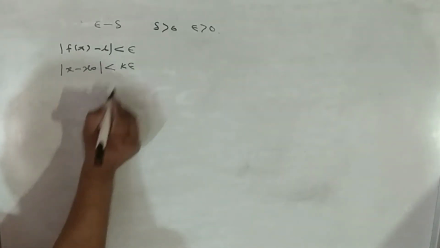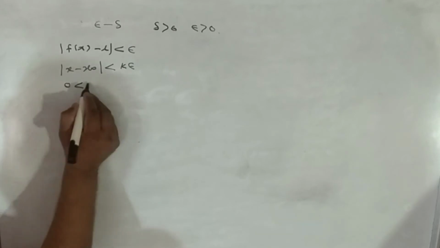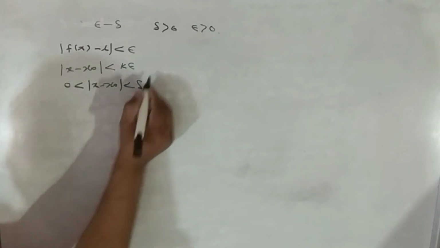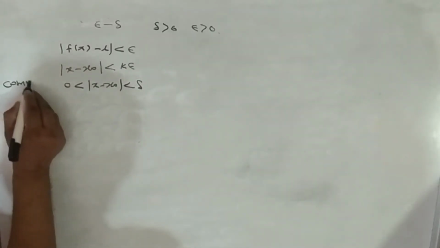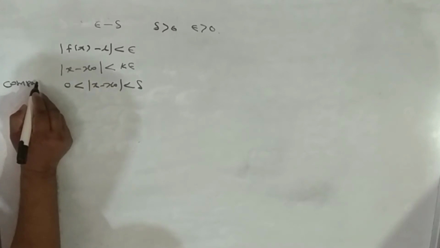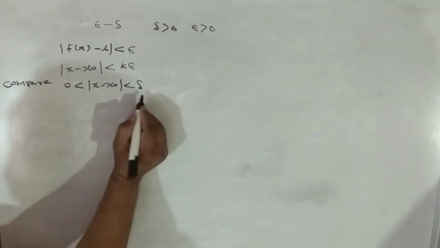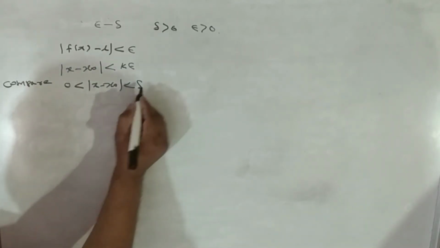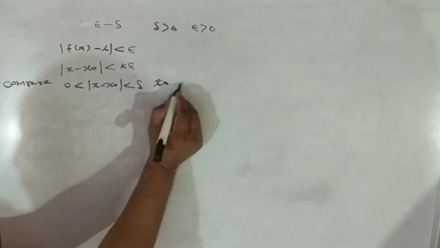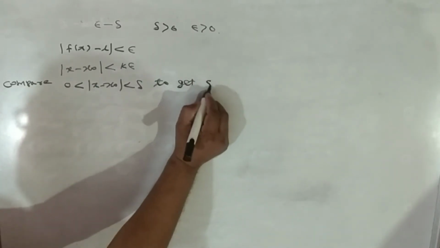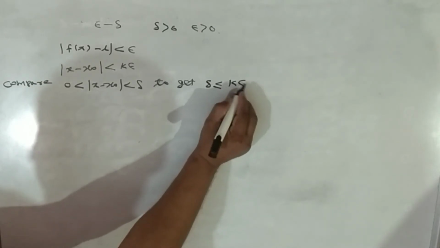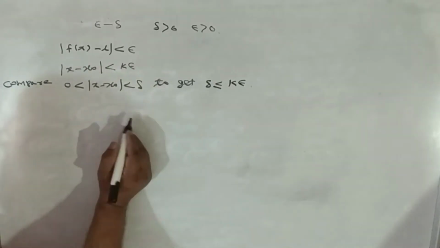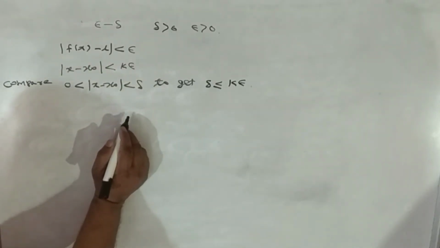Compare this with 0 less than mod x minus x0 less than delta to get delta less than or equal to k epsilon, where k is a constant.